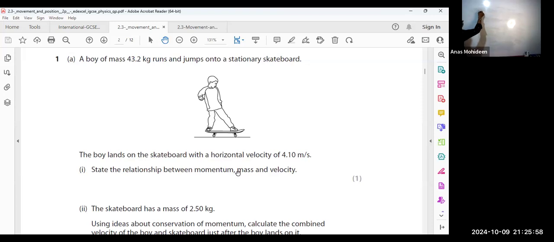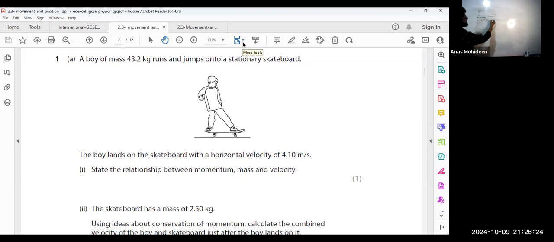It says there was a boy. His mass is 43.2 kg, and he was moving at a certain velocity. The boy lands on the skateboard with a horizontal velocity of 4.10 meters per second.